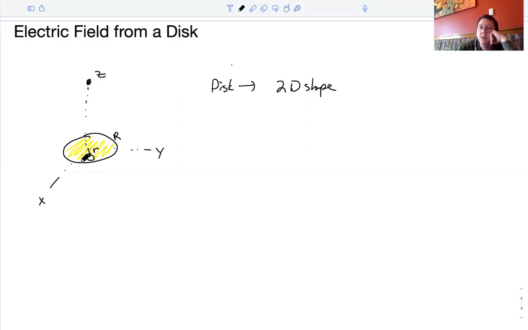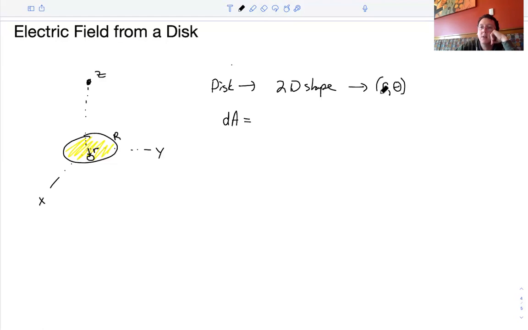That means the differential geometric thing we should be thinking about is area. The baby chunk of area would be dA. And if you remember, we're going to use polar coordinates, r and theta.